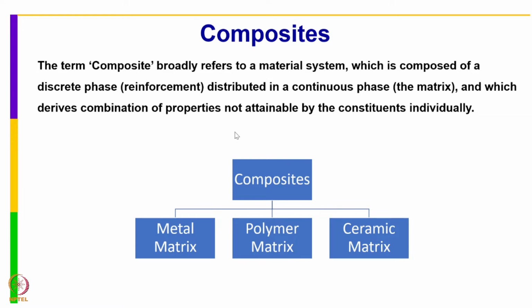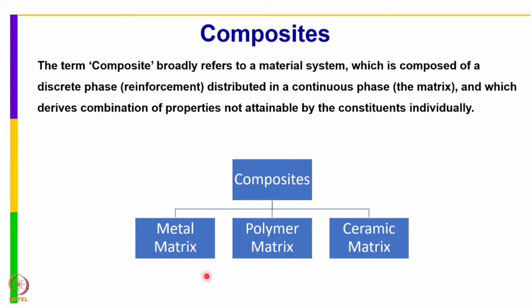Okay, now depending on the matrix material, composites can be broadly categorized in three different categories: metal matrix composites, polymer matrix composites, and ceramic matrix composites. Okay, so our concern for this particular course will be on metal matrix composites, especially aluminium based metal matrix composites.